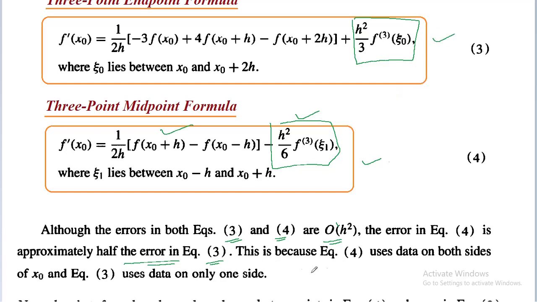It is because in the 3-point midpoint formula we are using the values of f at the points x naught plus h and x naught minus h.